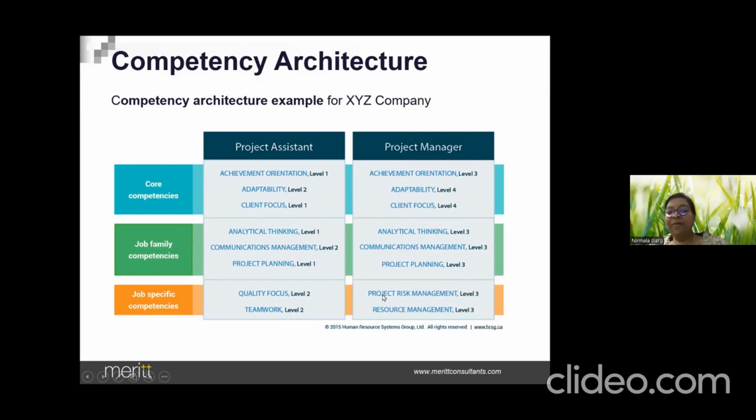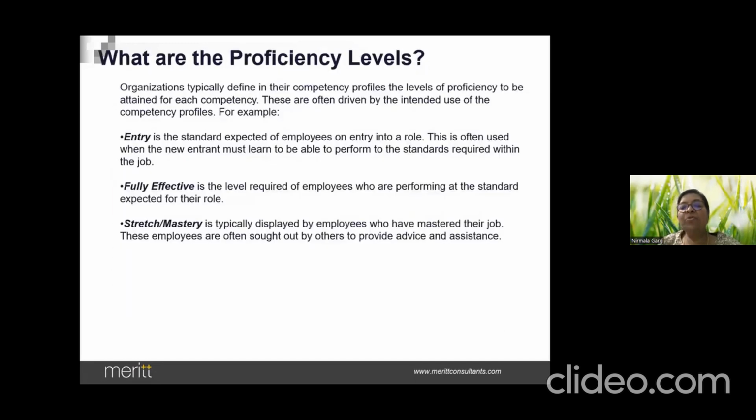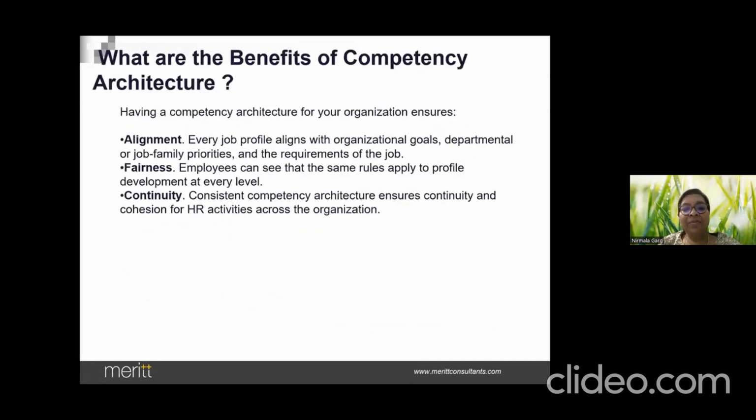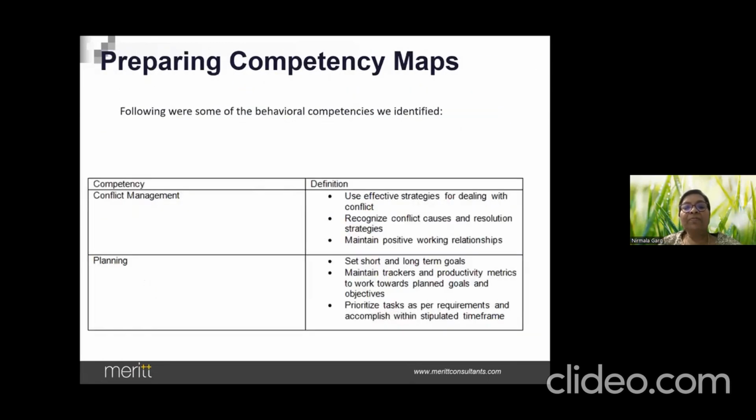And job specific is definitely different, because a project manager needs project risk management and resource management, while a project assistant needs quality focus and teamwork. Having shown you the picture, you'll be able to connect with what I'm trying to do.